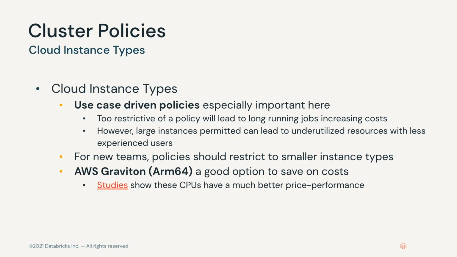And because of that, using something like an AWS Graviton node is very cost saving because they're typically a lot cheaper. And AWS studies have shown that when it comes to price performance, they're some of the best CPUs out there for the ones that AWS offers. So if you're using AWS, definitely consider using the Graviton CPUs.